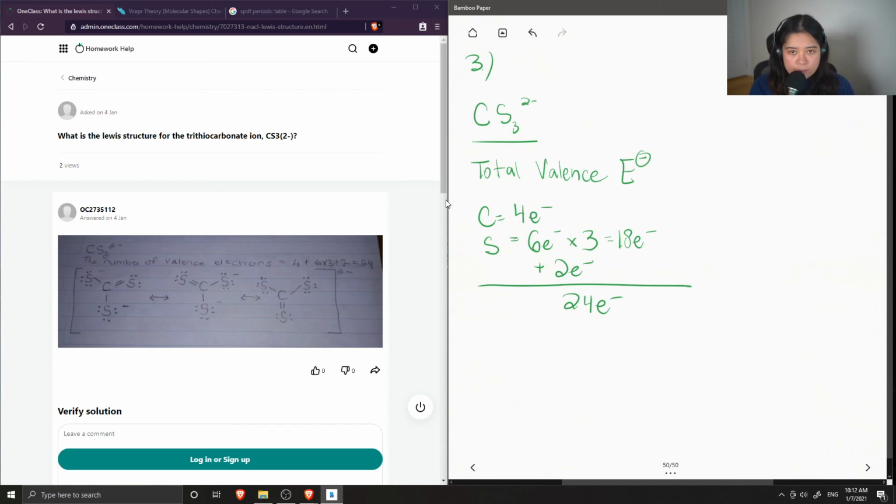Okay, so now I'll draw my carbon as our central atom. And then I'll draw the sulfurs all around. And then from here, I'm just going to show all of the lone pairs on sulfur.